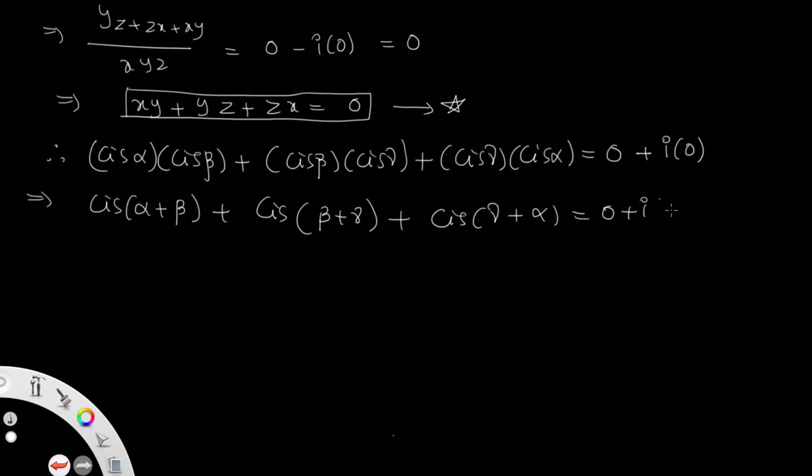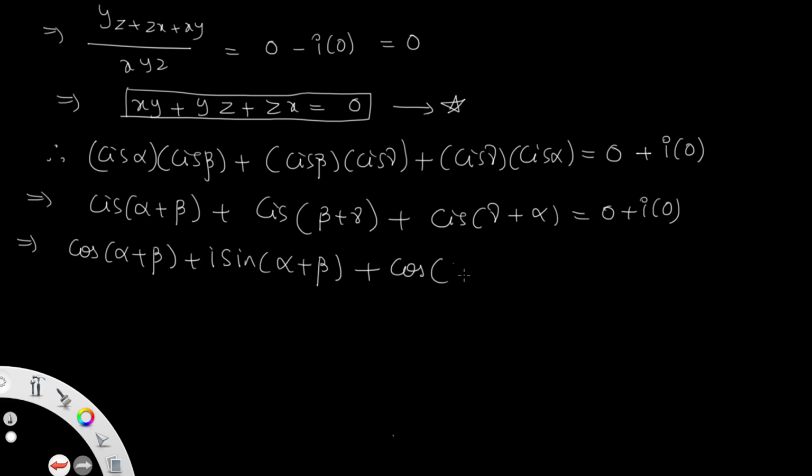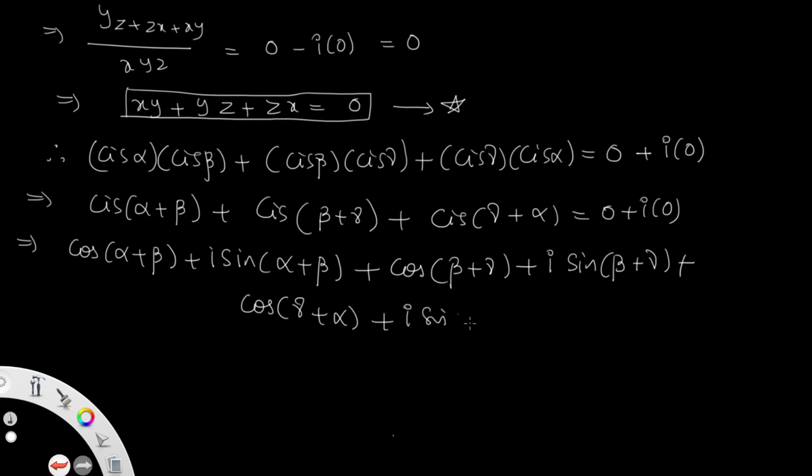Now expand: cos of alpha plus beta plus i sin of alpha plus beta, by the same method cos of beta plus gamma plus i sin of beta plus gamma, plus cos of gamma plus alpha plus i sin of gamma plus alpha, equal to 0 plus i into 0.